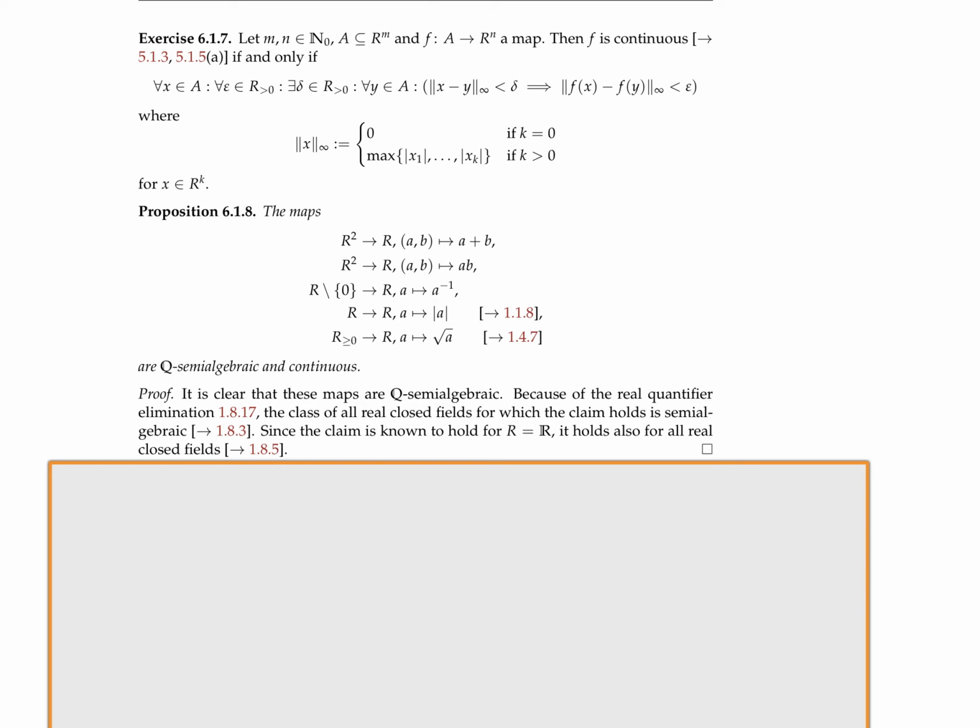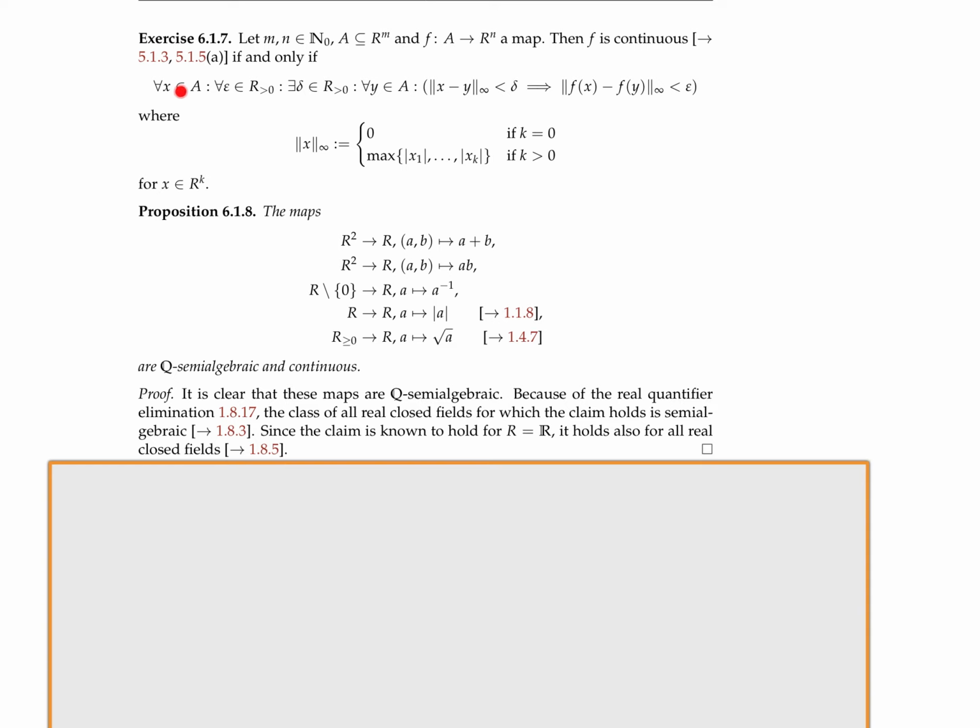So by real quantifier elimination, the class of all real closed fields for which the claim holds is semi-algebraic, right? Because you know that, for example, this addition is continuous.